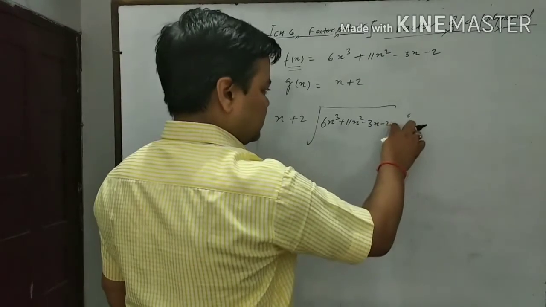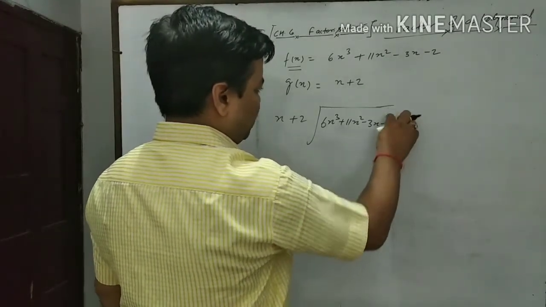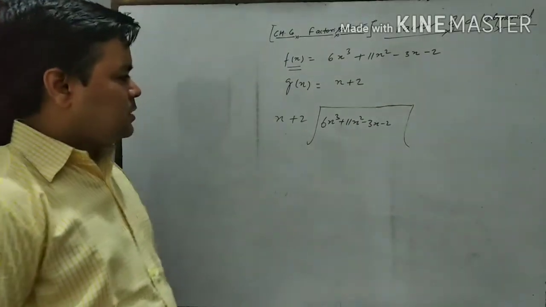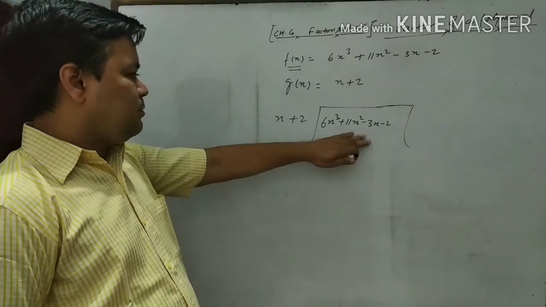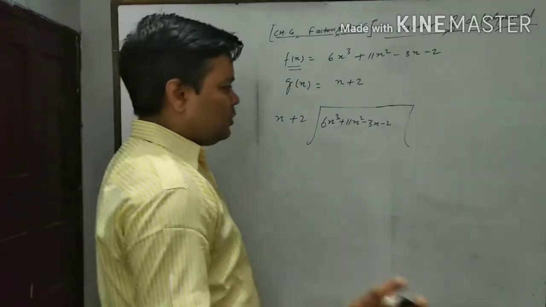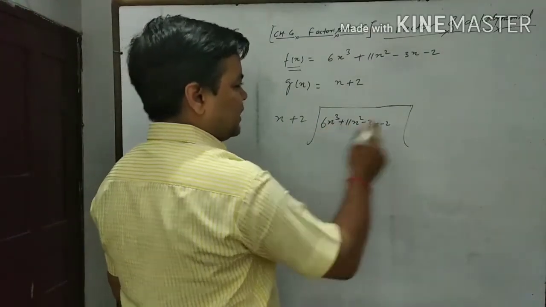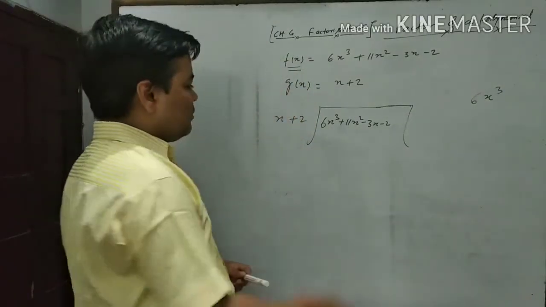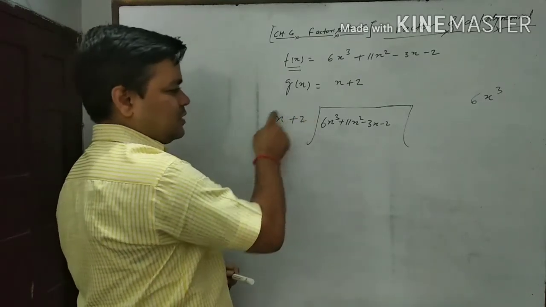I think this is given in class 7th or 8th maths, how to divide a polynomial by another polynomial, but I want to explain how to divide this by this polynomial. So first of all, what should we do? First of all, we take the first term of this polynomial, which is 6x cube, and the first term of the divisor.